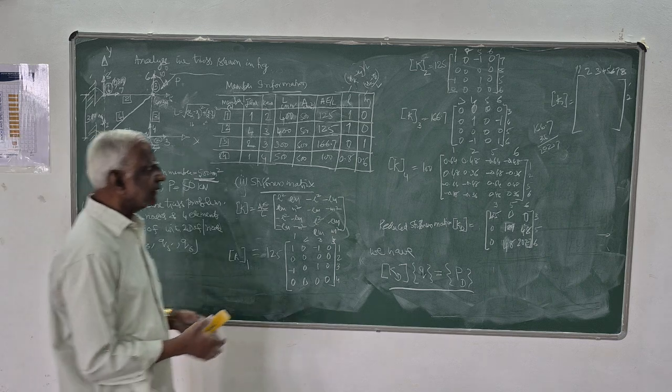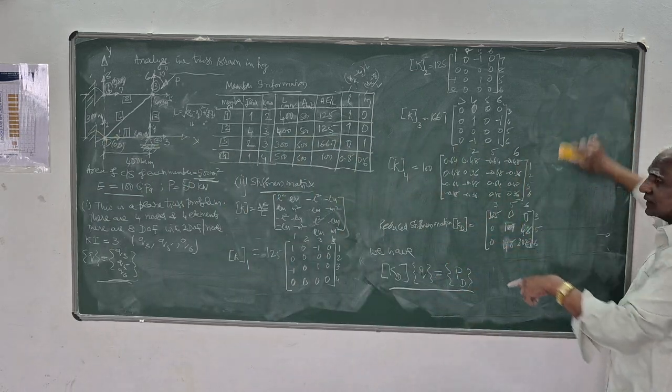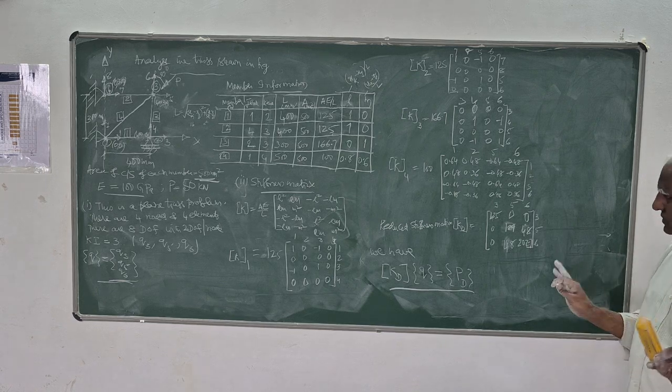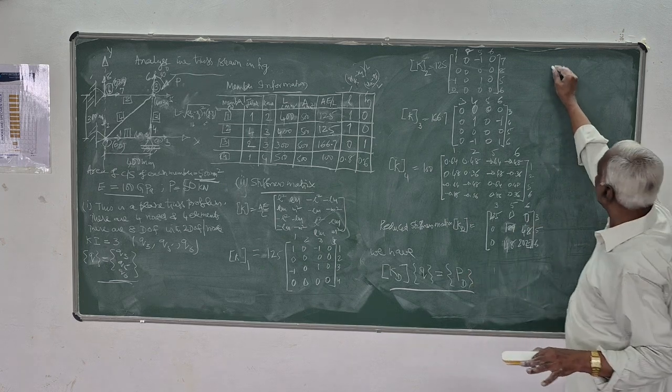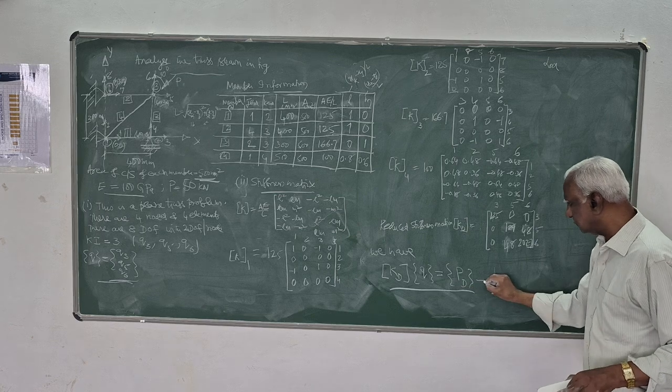So the load vector, that also I will show you here. This is where you have to add the temperature effect as well as lack of fit. That's all the change. The rest you have to do the same.